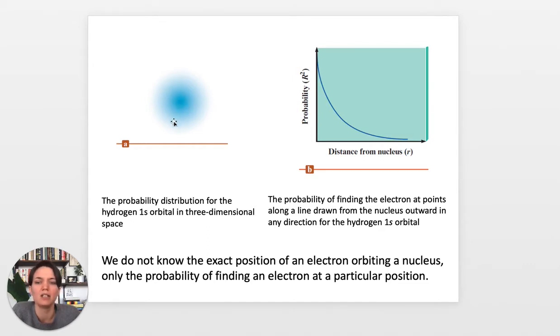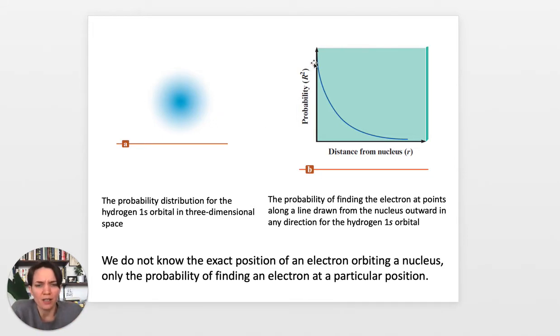However, it can move further out. And this colored area represents the probability of finding the electron there. The darker it is, the more likely it is; the lighter it is, the less likely. The entire gradient represents about a 90% chance of where that electron is going to be.